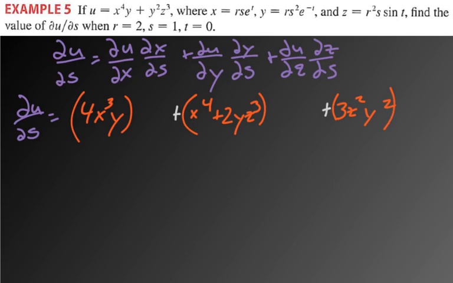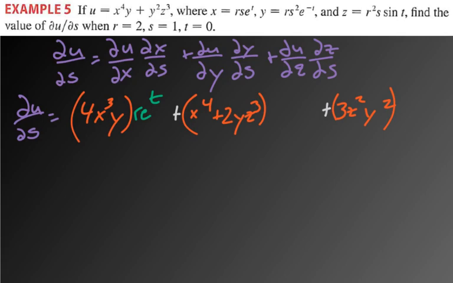All of those are going to get multiplied by their respective inner functions, x, y, or z, with respect to s, okay? So you would get this. Let's see, what color do I want to do? I'm going to do green. So if I do x with respect to s, I would get r e to the t, right?